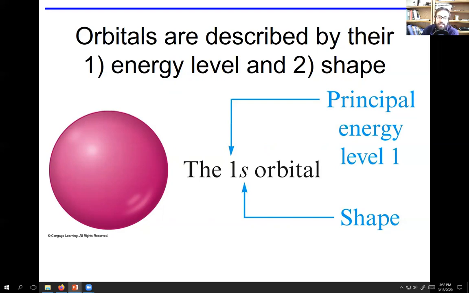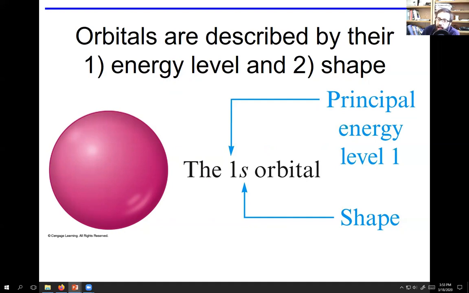It has to do with spectroscopy, and we don't have to worry about it, but serendipitously, you can think of S as standing for sphere, even though that's not where the letter S came from, okay? I know, it's just unfortunate historical stuff that gives things weird letters, okay? And you'll see the other ones are kind of weird letters that don't really make sense, but they come from historical reasons of how they were discovered through spectroscopy.